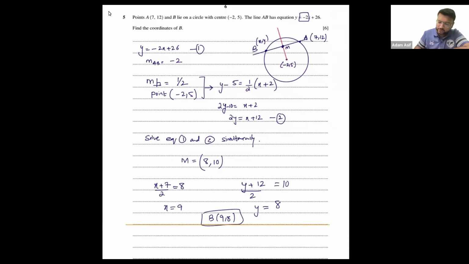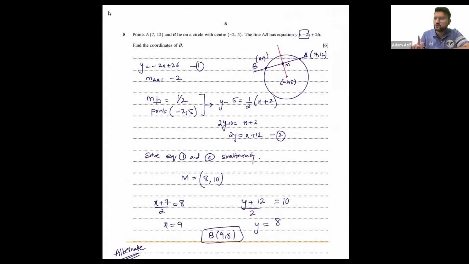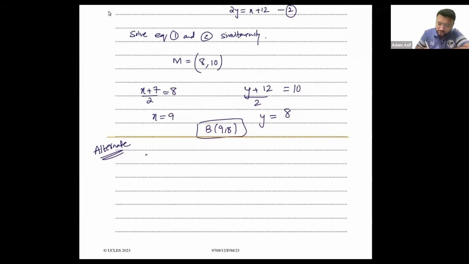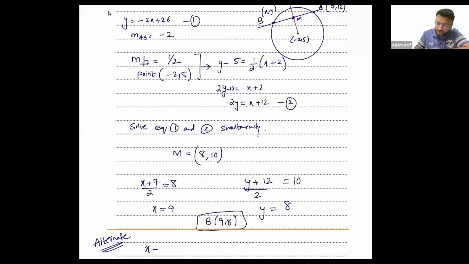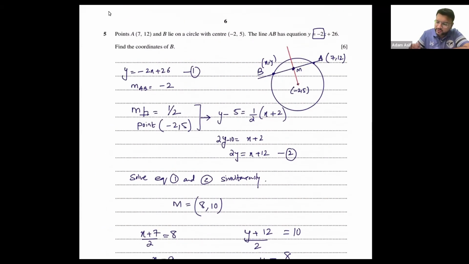बिल्कुल वही मैं कर रहा हूँ. The alternate way would be that you can find the equation of the circle and just solve the equation of the circle and this line equation simultaneously. You can get the coordinates of B. ये भी करके बता देता हूँ. Equation of the circle would be (x plus 2) the whole thing square plus (y minus 5) the whole thing square equals to r square. Now how can I get the radius?